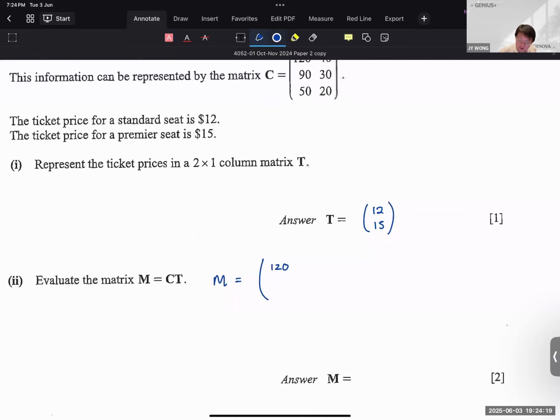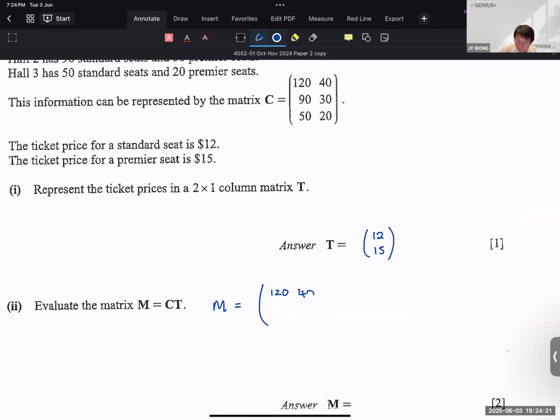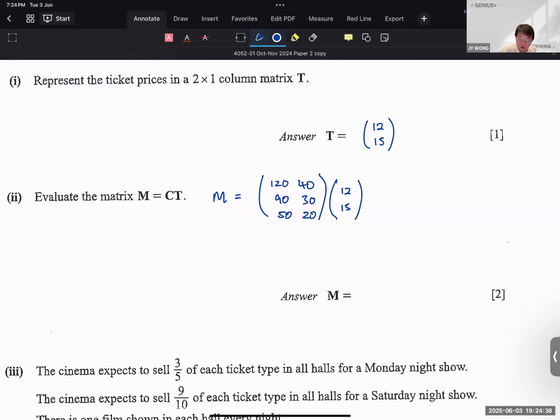But anyway, 120, 40, 90, 30, 50, 20 times T. So you have a 3x2 multiplied by a 2x1, right? So your answer should be a 3x1 matrix. So what's the 3x1 matrix?